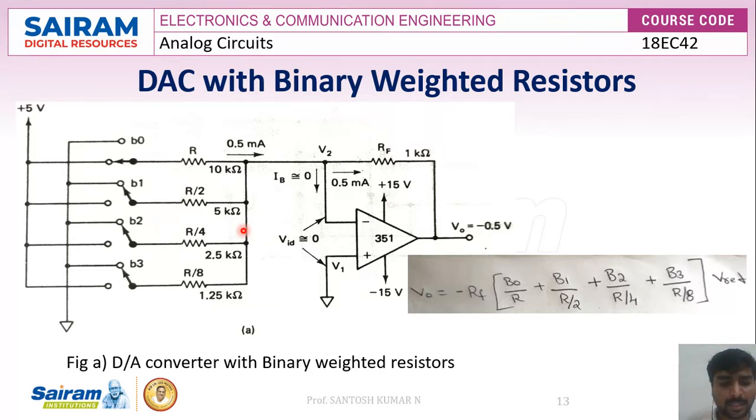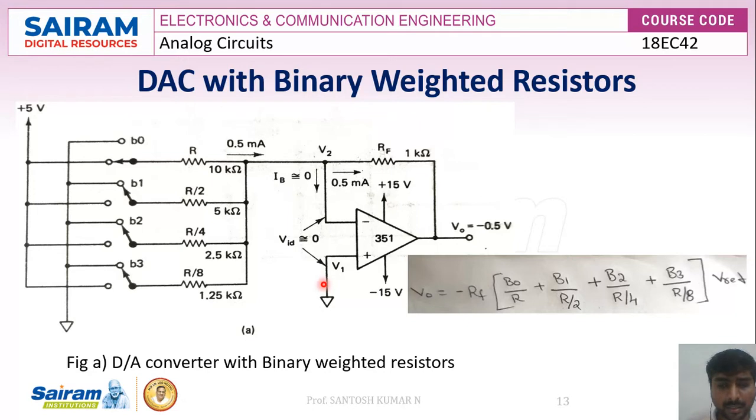For example, let's consider when bit B0 is closed. That is, when we apply the input 0001, bit B0 will get closed. When it gets closed, the voltage across this particular R will be 5 volts, because this is 5 volts, and V2 is 0. Why is it 0?